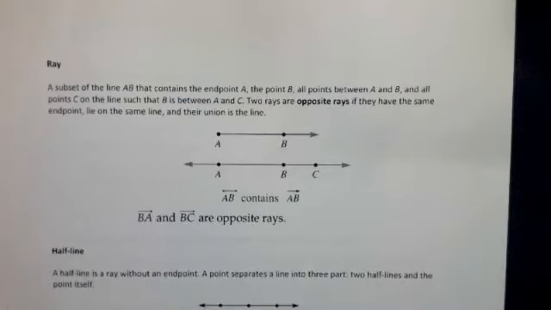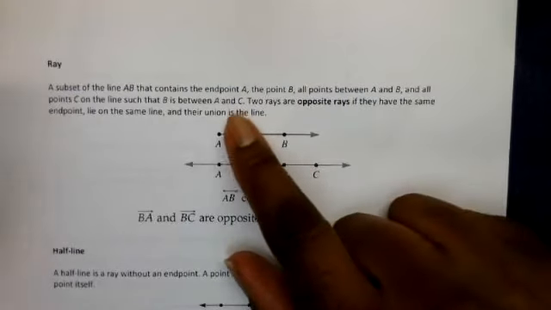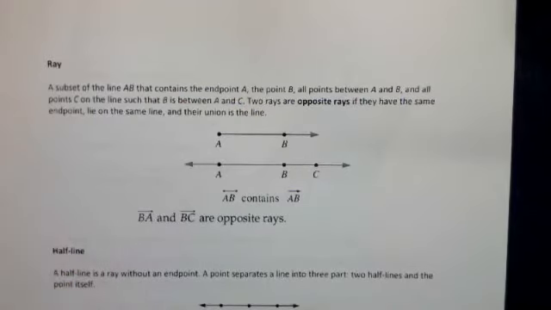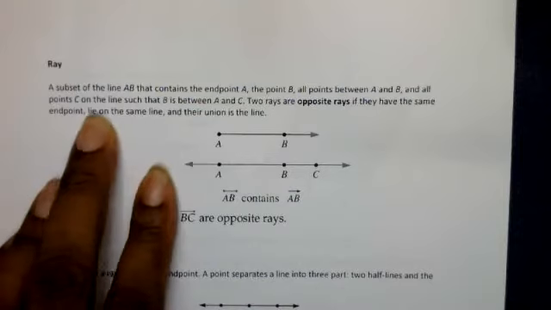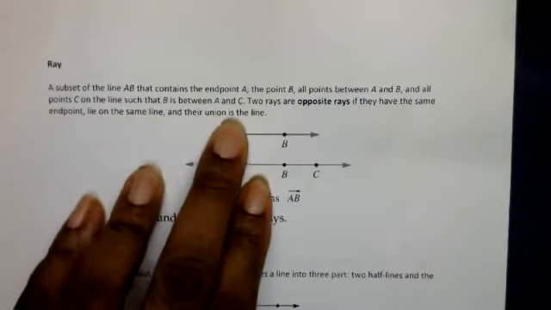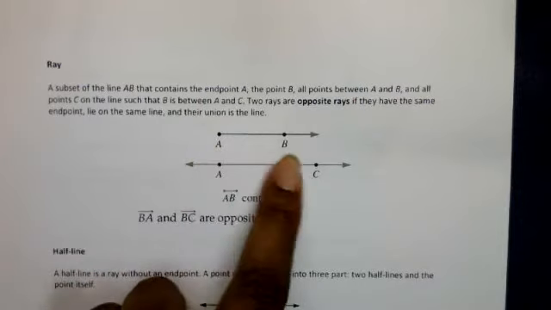All right, next we'll look at is a ray. A subset of the line AB contains the endpoints A, the point B, and all points between A and B, and all points C on a line such that B is in between A and C. Okay, so this is what a ray looks like.